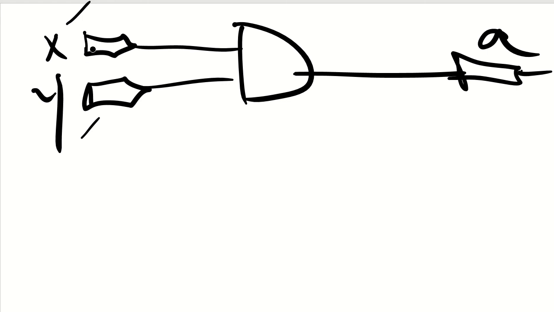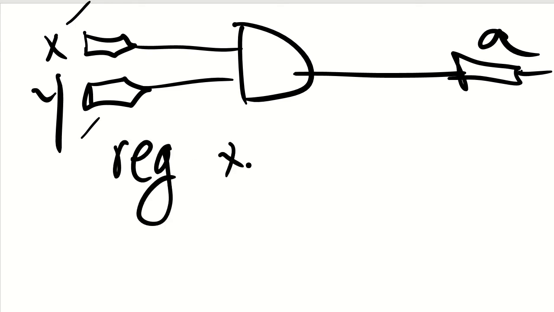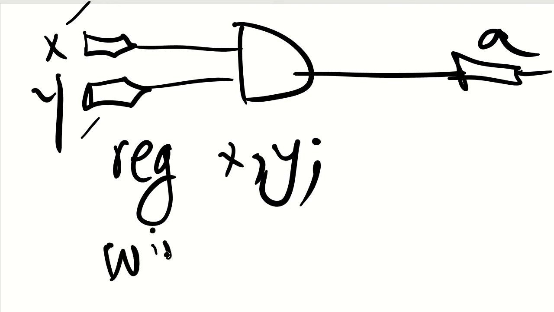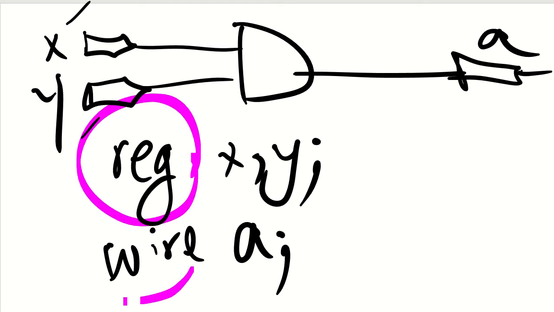And if you already have values here, instead of saying input, you can say reg X and Y, and then wire A if you want to connect it to something else. Stuff like that, that you will see later. So for now, don't worry about it. Just at least know what reg is. Registers hold values, wires are just connections.